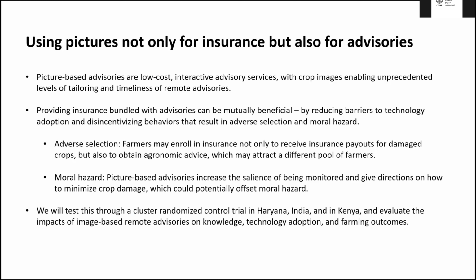In past work, we found that these picture-based advisories are seen as very valuable by farmers. They're low cost and very interactive, because farmers send in an image and on the basis of that they receive advice. This allows for a lot of personalization and tailoring, and making sure that advisories are timely. We don't have to assume which crop growth stage the fields are in. We actually see it from the pictures.